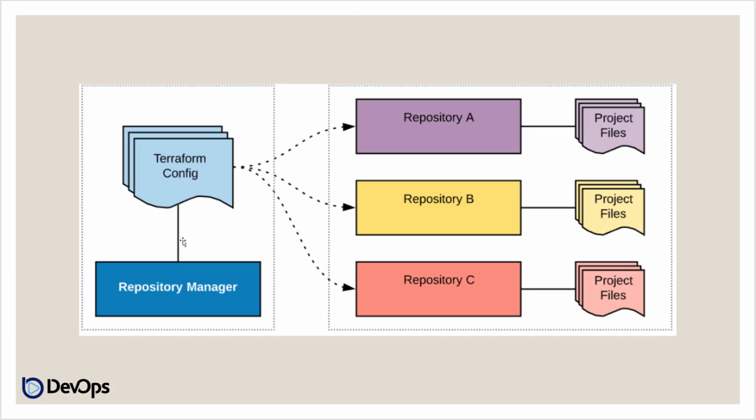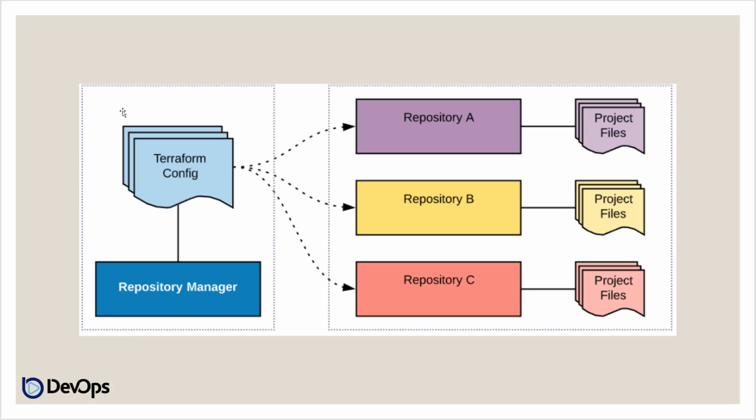We need to keep them in a repository, and every time the developers want to use it, they can pull it from this repository, make changes, and then push to the repository.